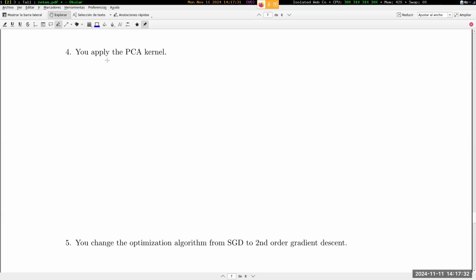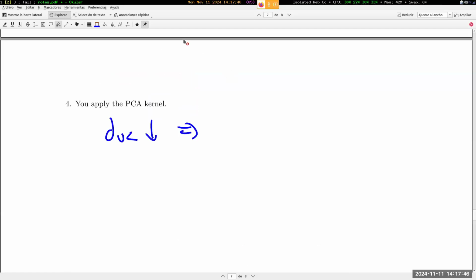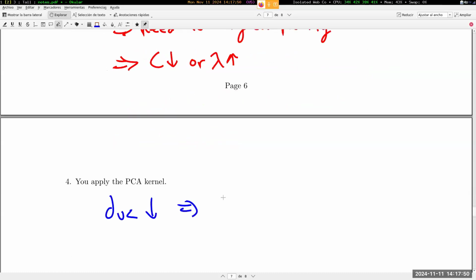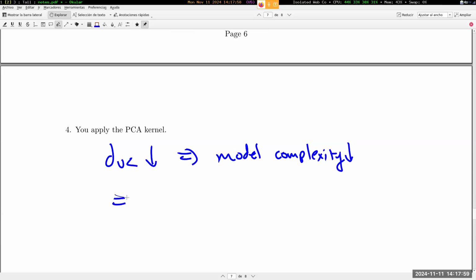Number 4 over here. So we applied the PCA kernel. So this is just the opposite situation. We've made the DVC go down, and so that's going to mean in order to keep the model complexity somehow the same, we'll be doing the opposite of up above. All this reasoning will be the opposite. The DVC down, so our model complexity has gone down. So we need to increase the model complexity.